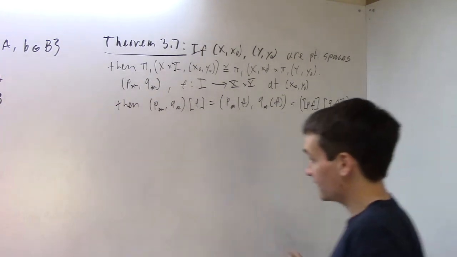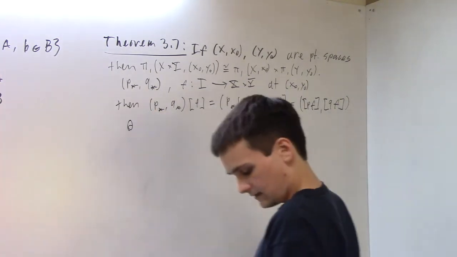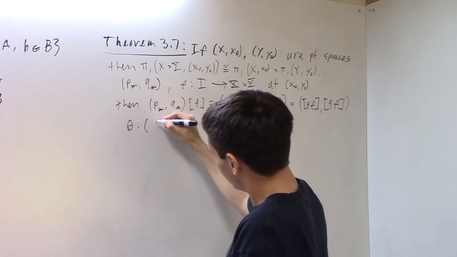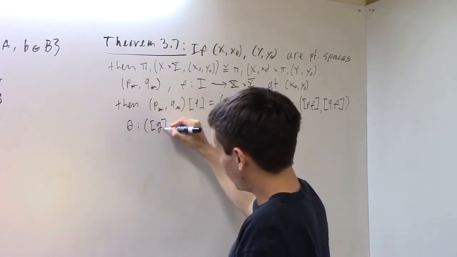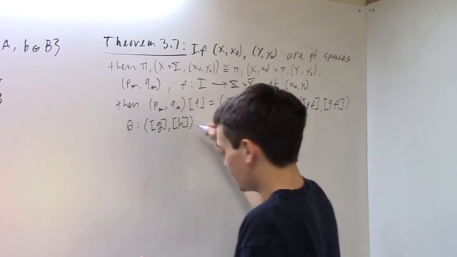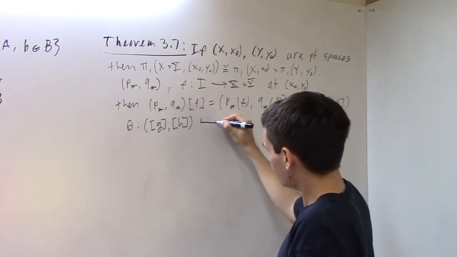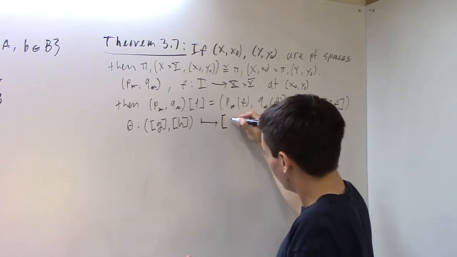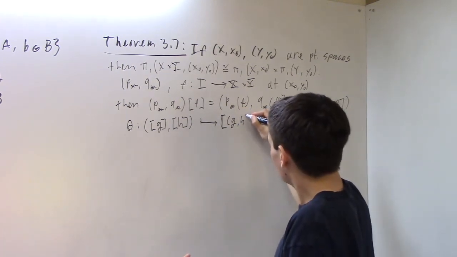So essentially they just define this θ map, which maps the path class of g, the path class of h, to the path class of (g, h).